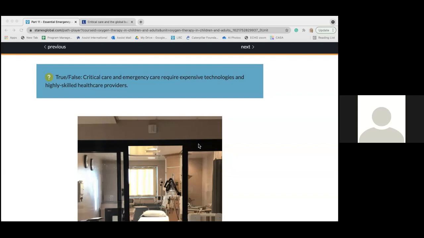So actually, depending on the environment where you are, you would agree with me that to be able to provide the basic critical care and emergency services, most of the time you do not require very expensive technology. You don't require experts all the time.